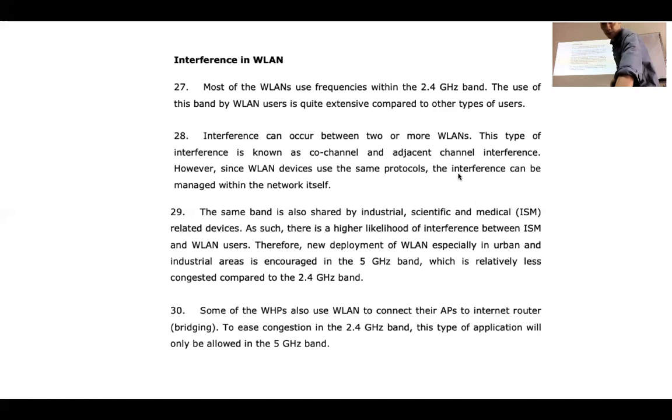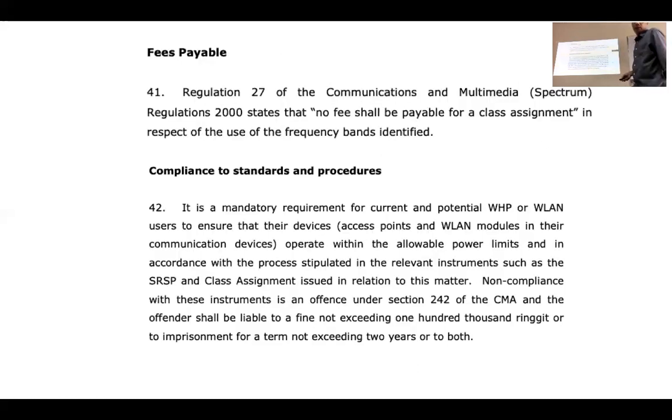Okay. Access provider. Then fee payable, of course, everything, even for this, for MCMC, we have to pay a fee. But if you use it at a cafe, the free internet, is there wifi? Free wifi, do you have to pay? No need to pay.